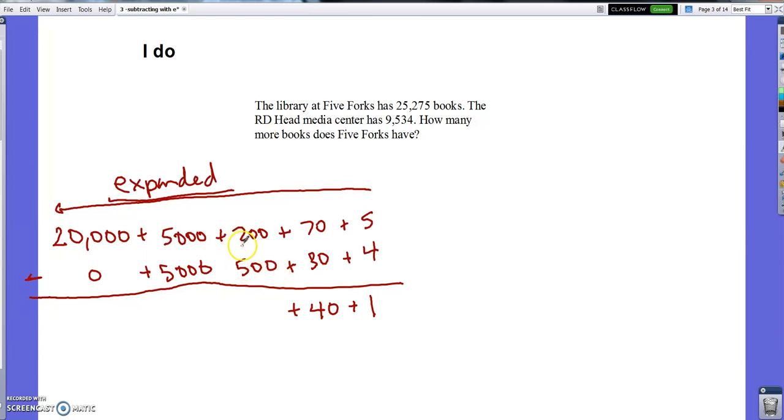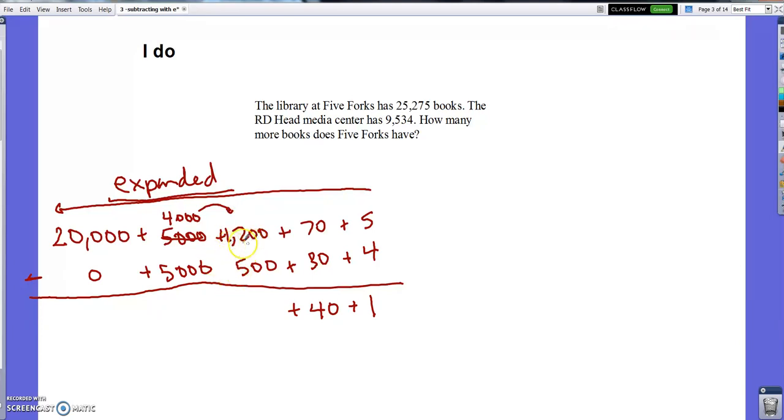It's not enough. So this kind of works as the opposite of adding. In adding, we would add them up, and if we had too many, we would regroup a set over here. What we do when we subtract is the opposite of that. I'm going to take 1,000 from here, and I'm going to regroup it as 10 hundreds over here.